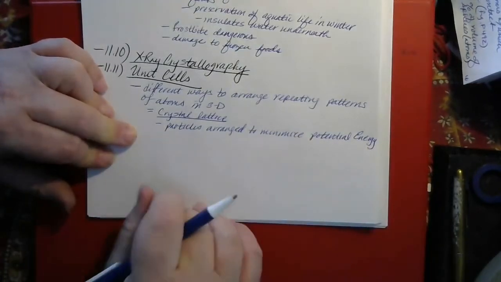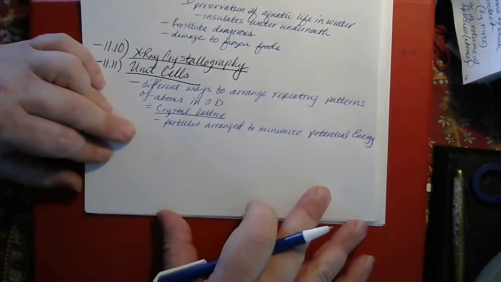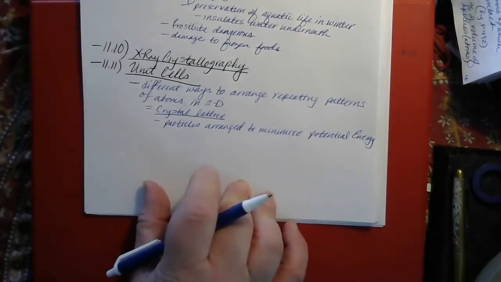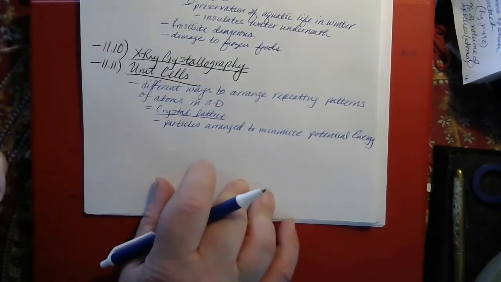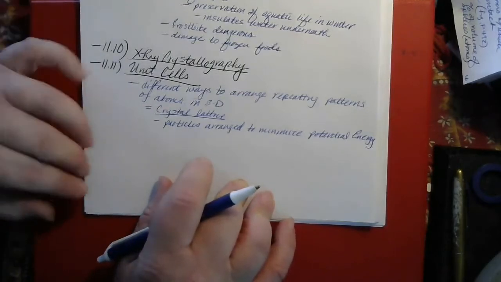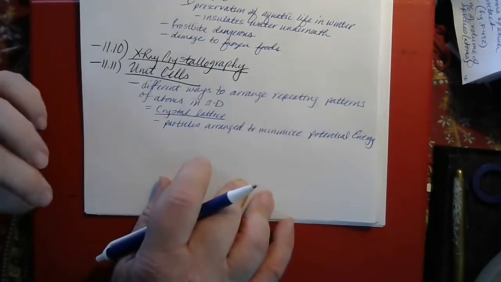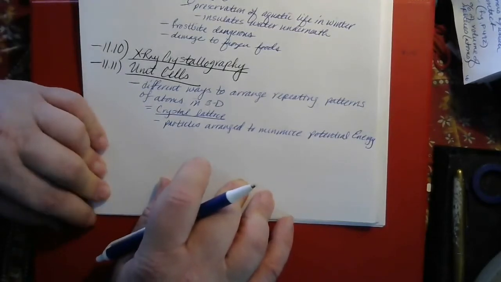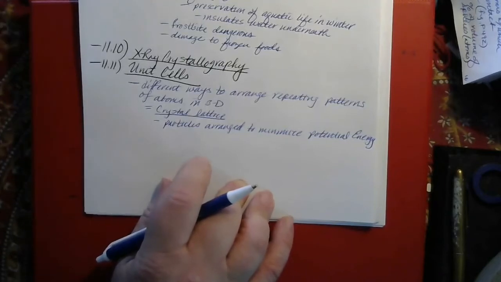But there are several different ways that you can do that, and part of it depends on things like the size of the atoms, for instance, and what types of atoms they are, and the types of repulsions and attractions that they might experience for each other.